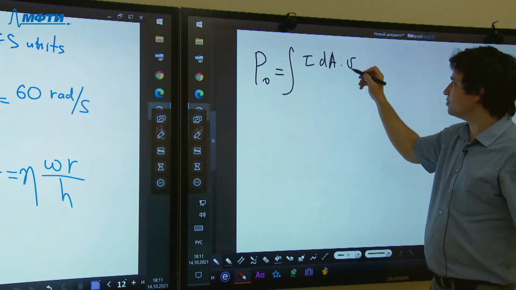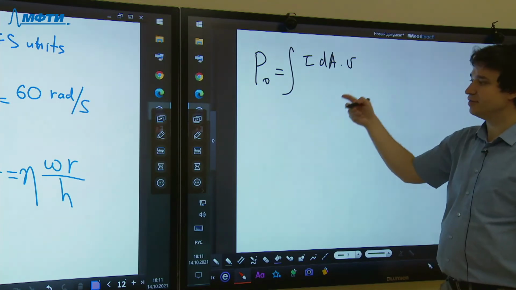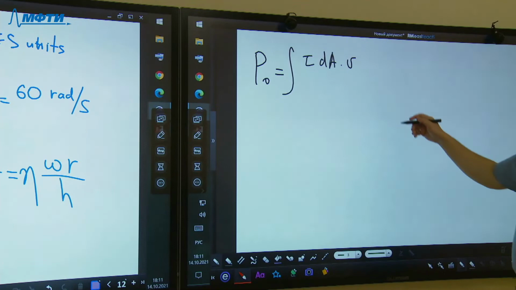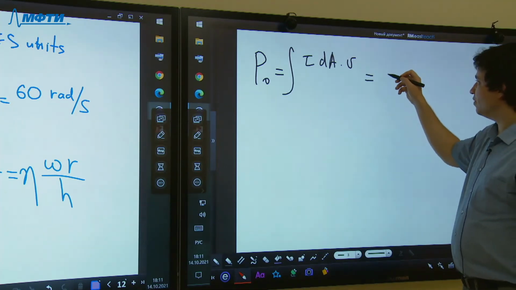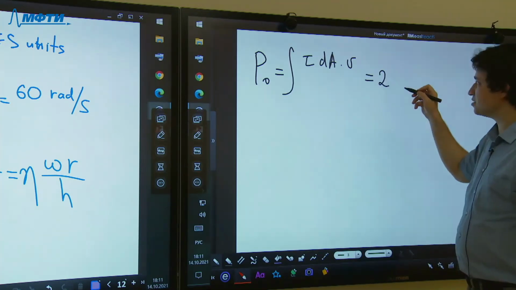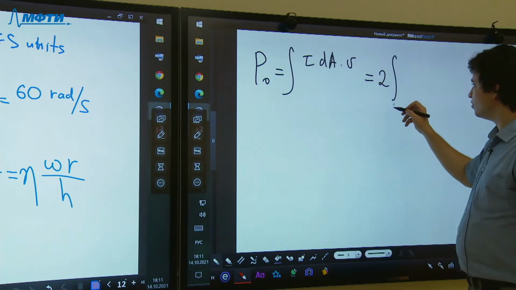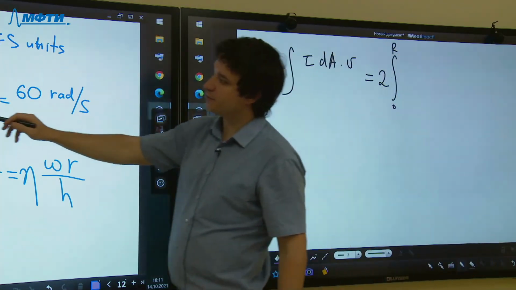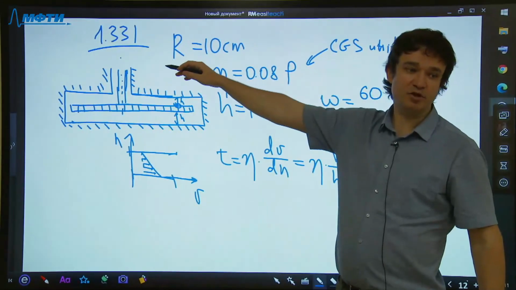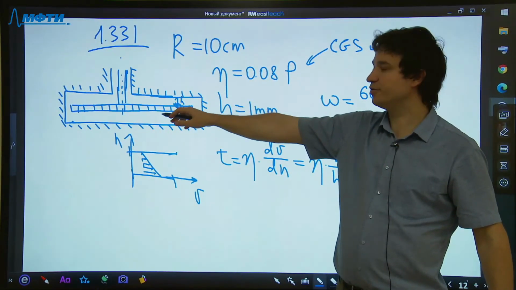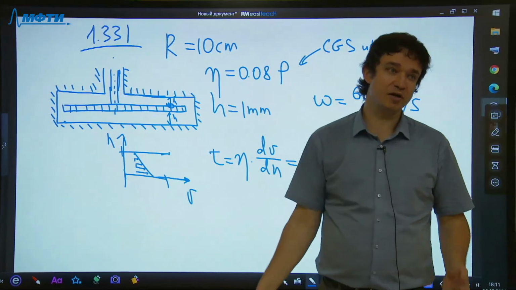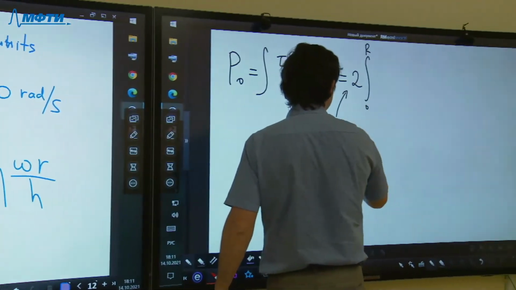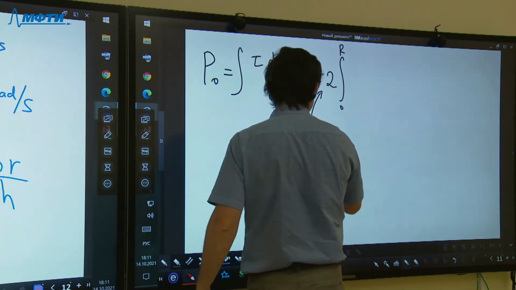So tau dA times the speed of that element gives twice the integral from 0 to capital R. Twice because I have two surfaces, the top and the bottom, and on both I have a drag.